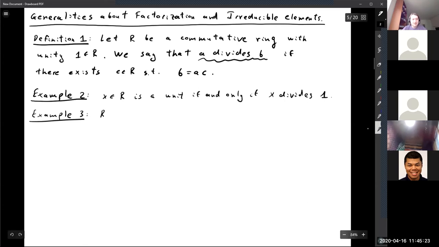In example 3, let's go back to our polynomial ring over Z6. Z6 is not a field. It has zero divisors, and not every non-zero element is invertible. Still, we can talk about when one polynomial divides the other, but we will notice some pathologies. For example, 3x plus 2 divides x.